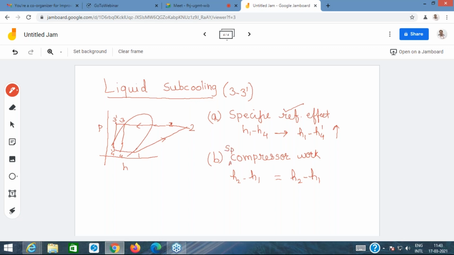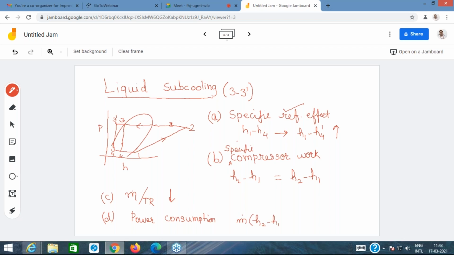However, what happens to the mass flow rate? Because the specific refrigerating effect increases, the mass flow rate per tonnage capacity of the system would decrease. And you know that if the mass flow rate decreases, the total power consumption, we have solved one numerical on this, power consumption of the compressor is calculated as m dot into the enthalpy difference across the compressor, that is H2 minus H1.